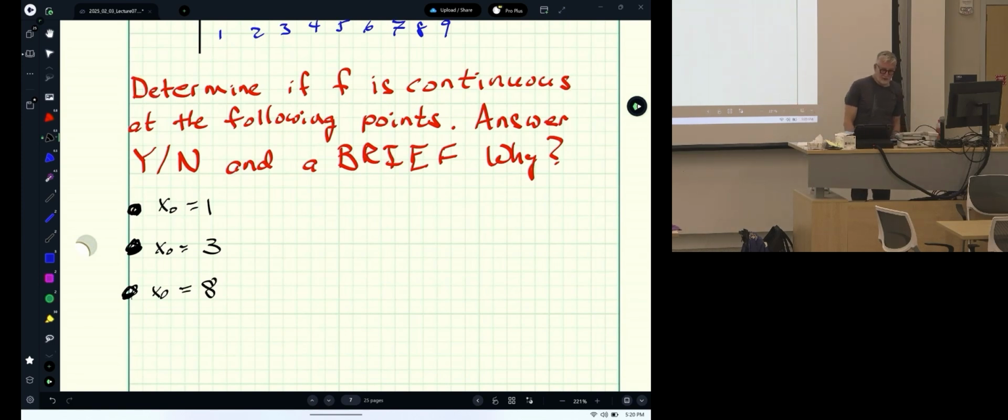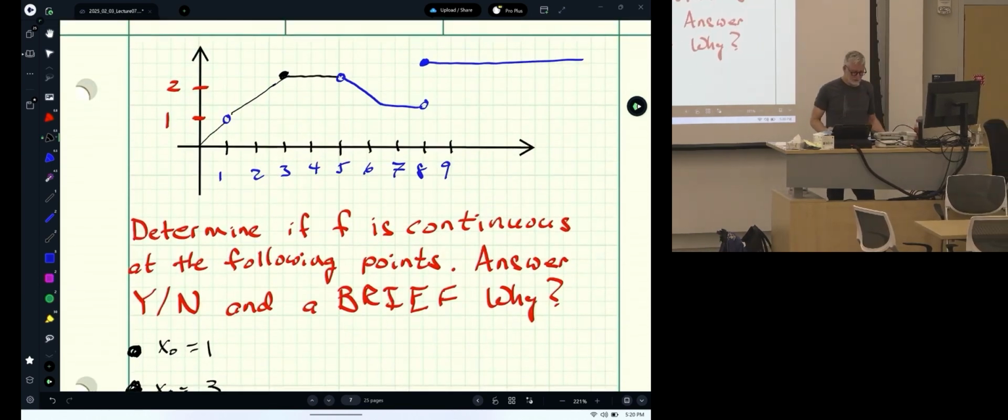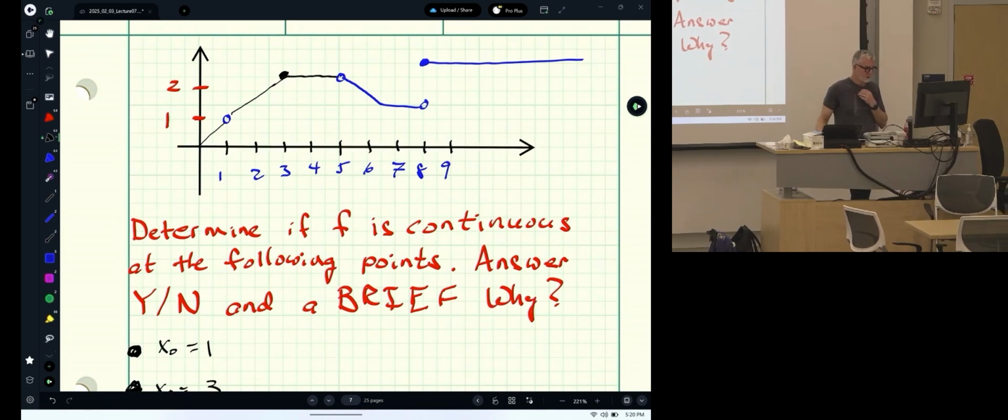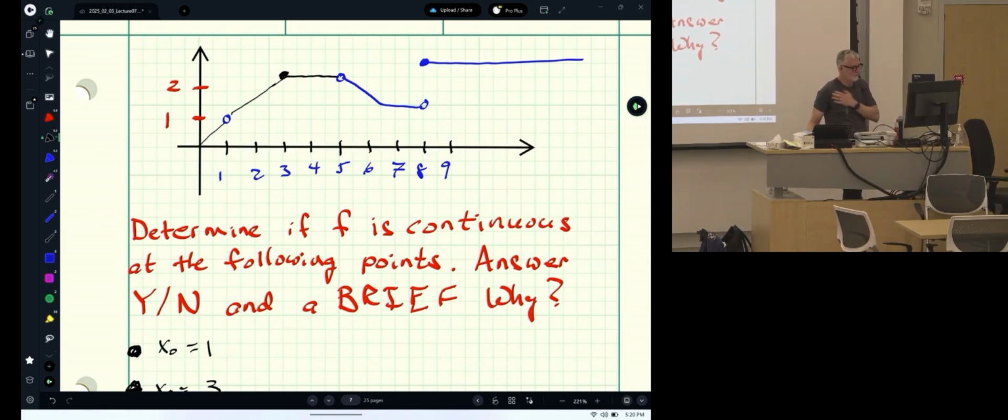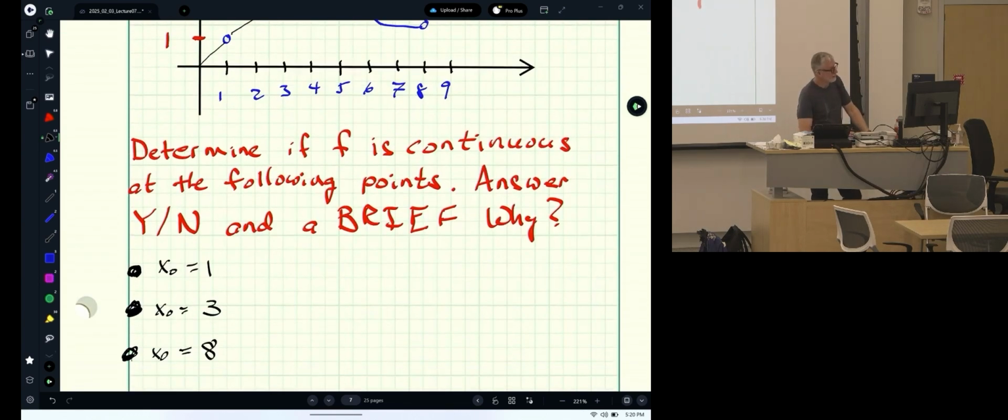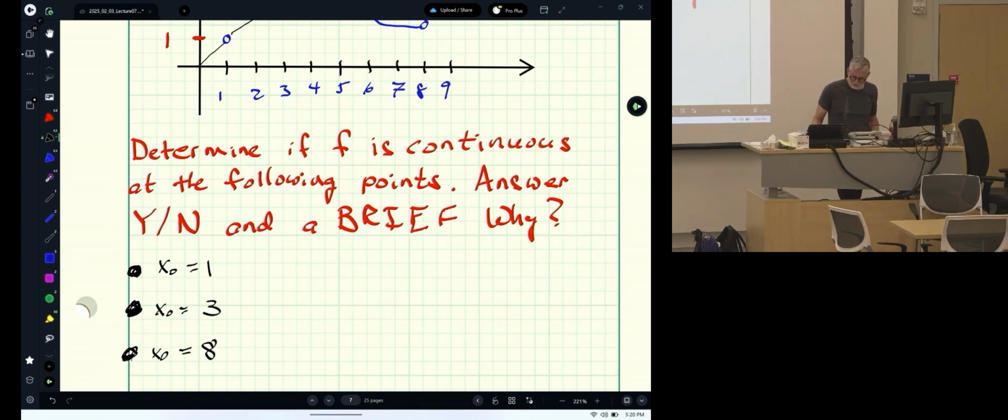Okay, Jason, x0 equals 1. Is our function continuous at the point 1? Put it into the chat, please. Luke, oh, not defined, thank you. The function is not defined, and so in terms of continuity, what does that mean?